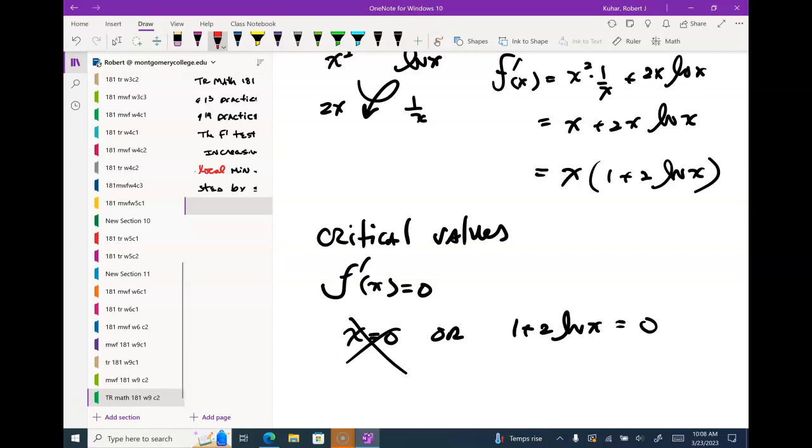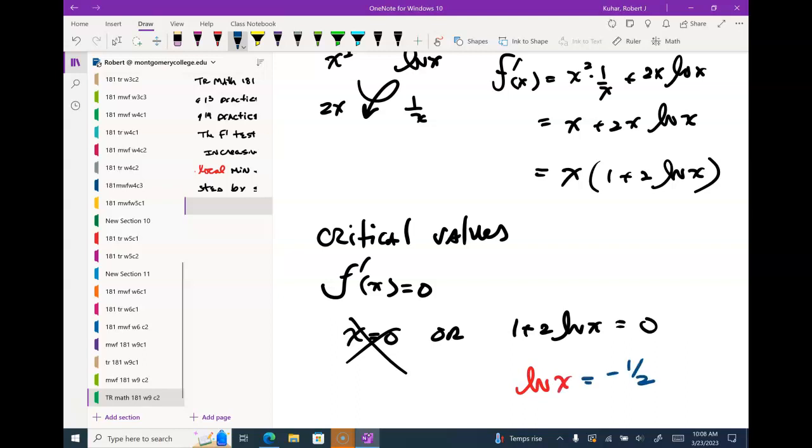Not in the domain, so I need my first derivative criticals to be in the domain. The second derivative criticals don't have to be in the domain. But my first derivative criticals do, and I'll explain that later. So what do I get for the second one? I get ln of x equals negative 1/2.